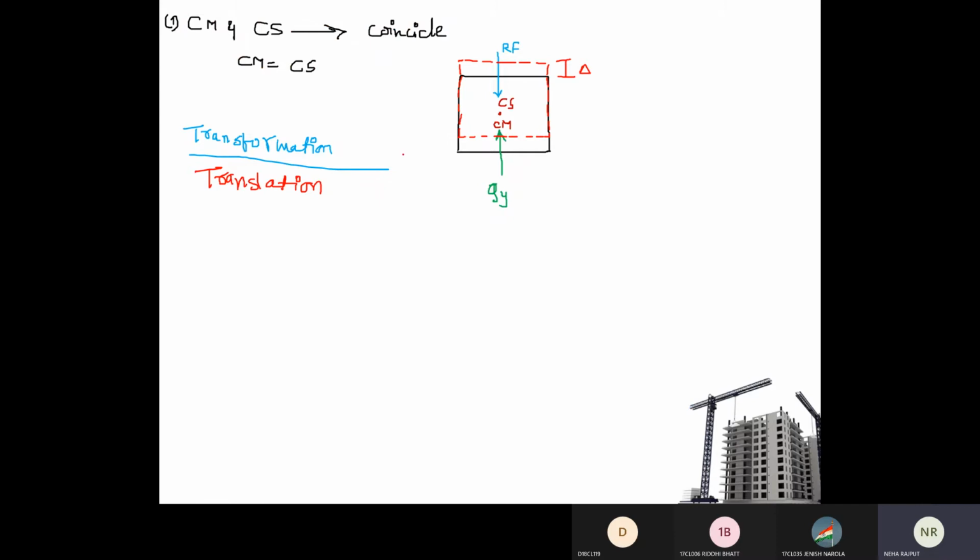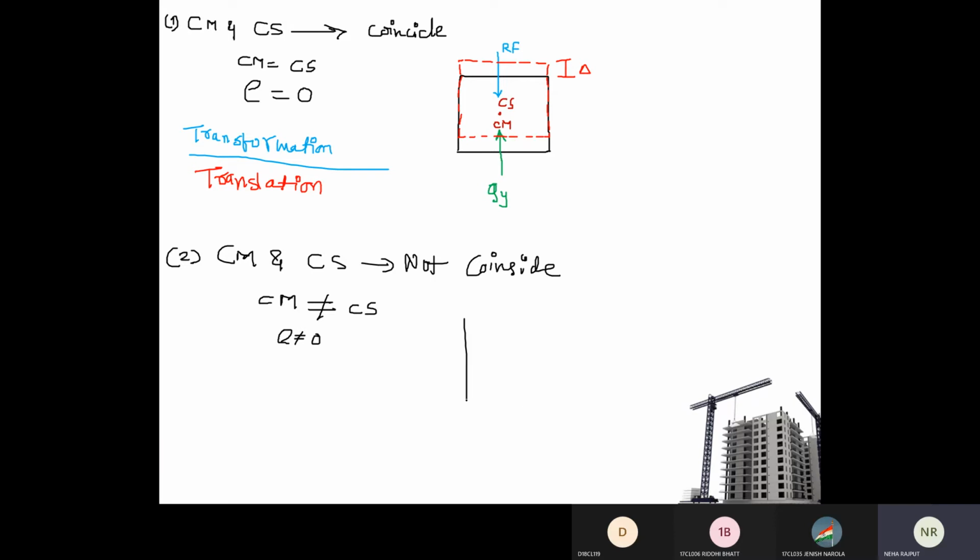Now the second condition. Center of mass and center of stiffness do not coincide. That means center of mass is not center of stiffness. The meaning is eccentricity will be there, not 0. Here eccentricity will be 0. So if this is your plan, I am just considering the EQY direction only for the time being, for understanding.